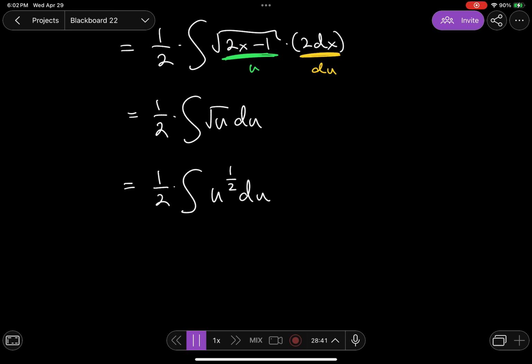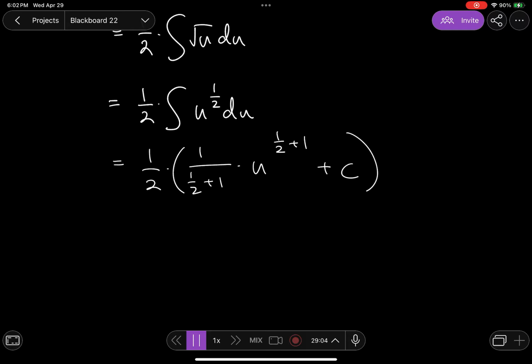We can use our antiderivative power rule here, that thing with the beta and the alpha. This is the same thing as 1/2 times the integral of, here, let me show a little more steps here, that's going to be 1 over 1/2 plus 1 times u to the 1/2 plus 1 plus c. And that's inside the parentheses.